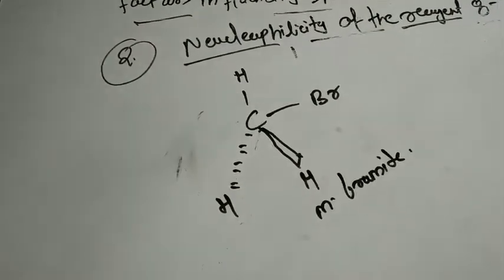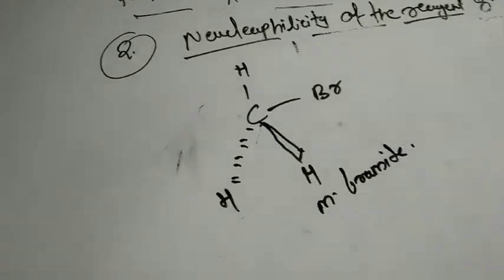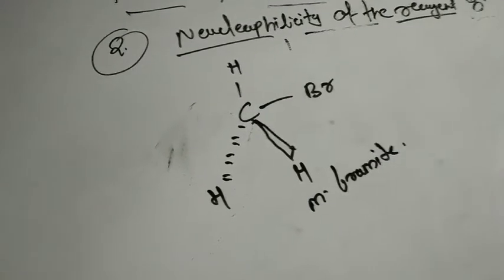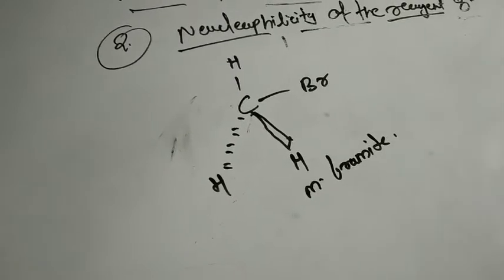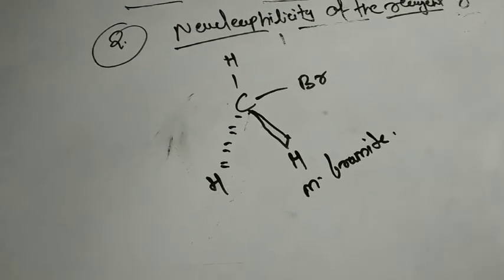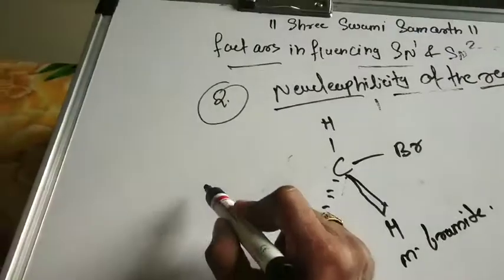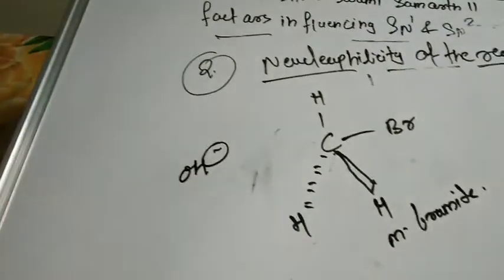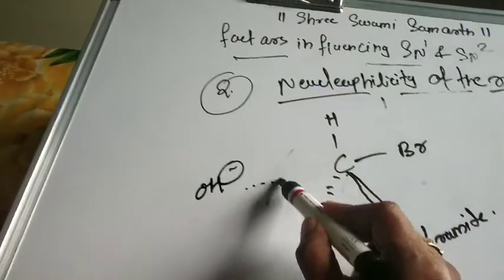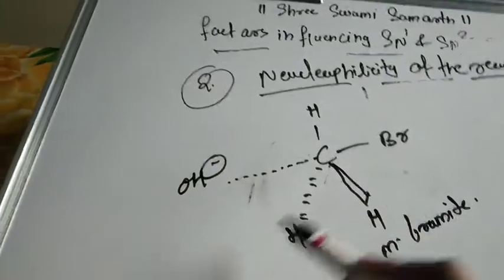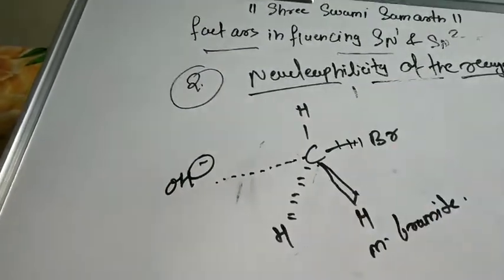Methyl bromide. You all know that the SN2 reaction is a single step reaction where there is simultaneous making and breaking of the bond going on. That means this OH minus nucleophile will simultaneously form the bond with the carbon, and the C-Br bond will slowly start breaking, right?